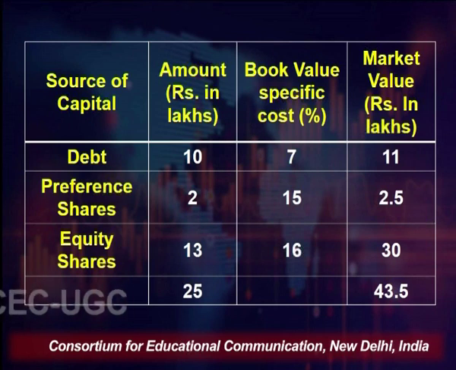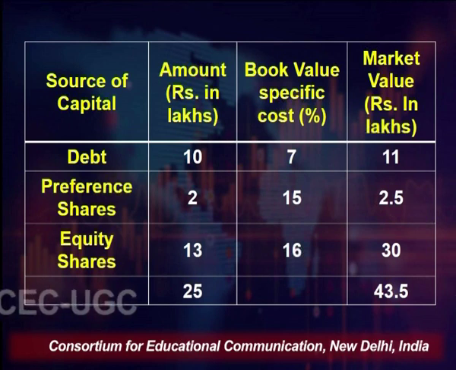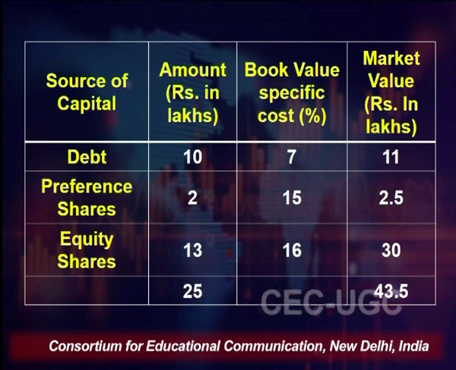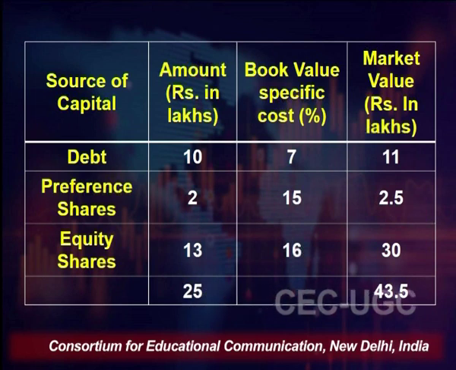We need not calculate this individually in this case, we are just seeing how book value weights and market value weights impact WACC. So, 7% is the cost of debt, 15% is the cost of preference share, 16% is the cost of equity shares. In the last column the market value of the same sources of funds is given.